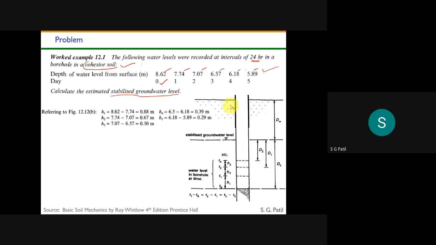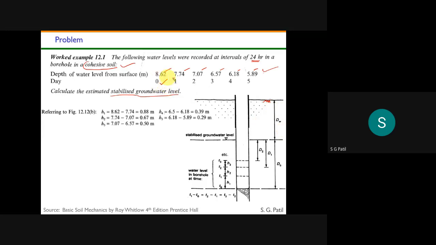Now look at this figure first. This is the ground level. From this ground level, on the 0th day, he has taken the reading.